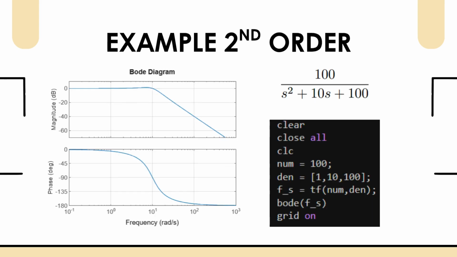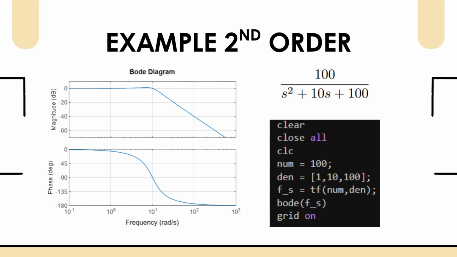As you can see, we have here an example of how to get our Bode plot using MATLAB. In this case, we have this short code that shows it's very easy to do.